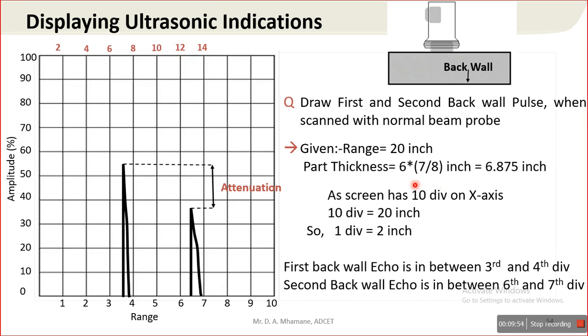It is calculated like this: 6 plus 7 by 8. Seven by 8 is 0.875, and it is 6 plus 7 by 8. It is a kind of representation only.